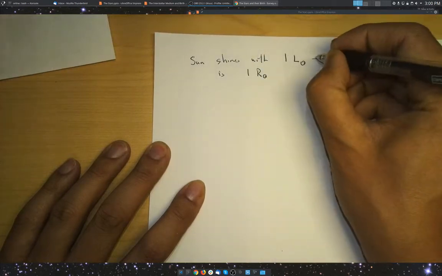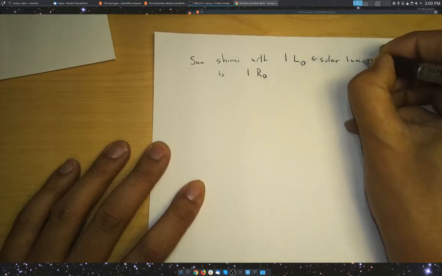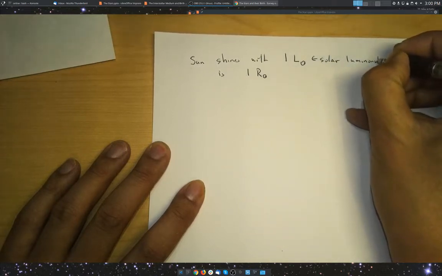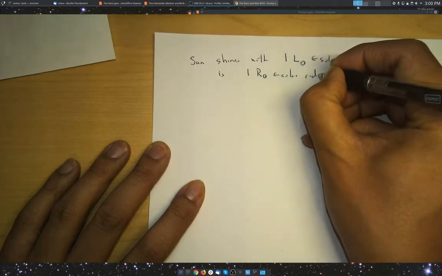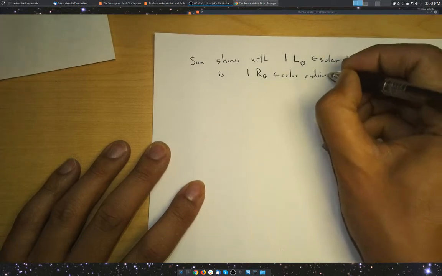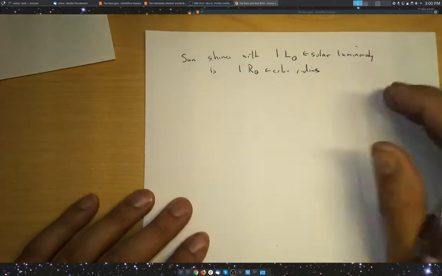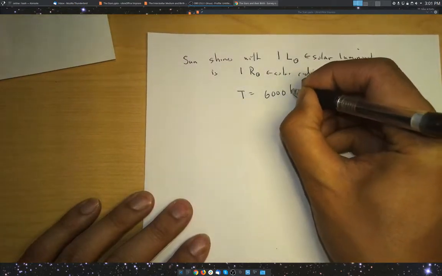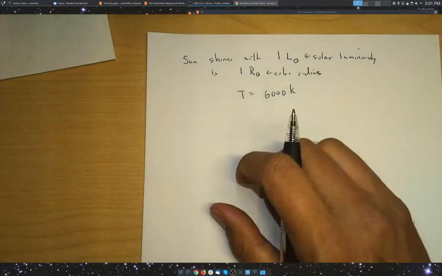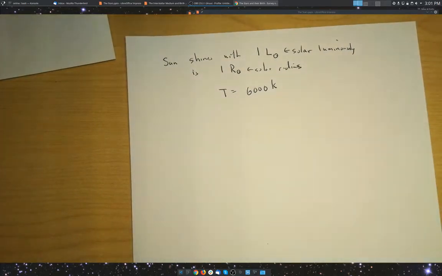So this is solar luminosity, and this is solar radius. It's good to measure things in terms of solar luminosity and solar radii. And temperature is 6,000 degrees Kelvin. If you want, you can call this a solar temperature, but we'll call it 6,000 degrees Kelvin. We have a natural temperature scale already.